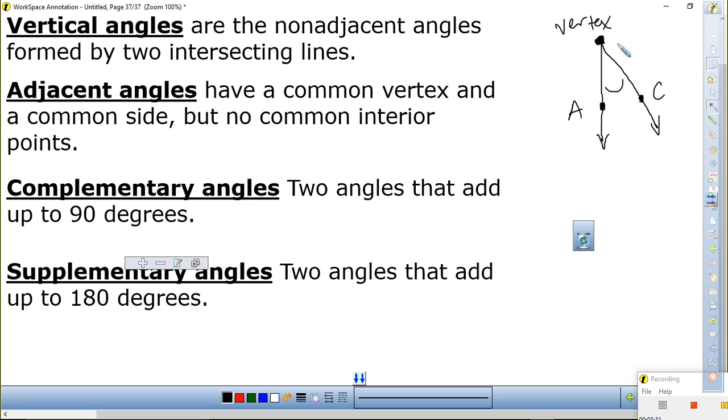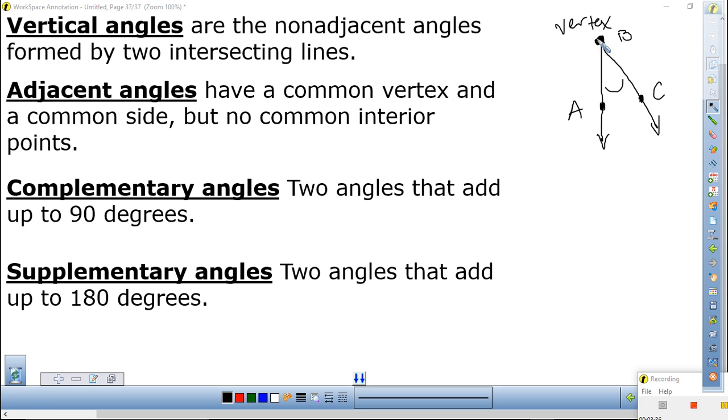And they label the vertex a different letter, such as B. So that in order for you to write the name of that angle, the symbol for angle is like this, angle. And the angle this is forming is angle ABC, because this ray plus the vertex plus this ray make up this angle. So this is angle ABC.